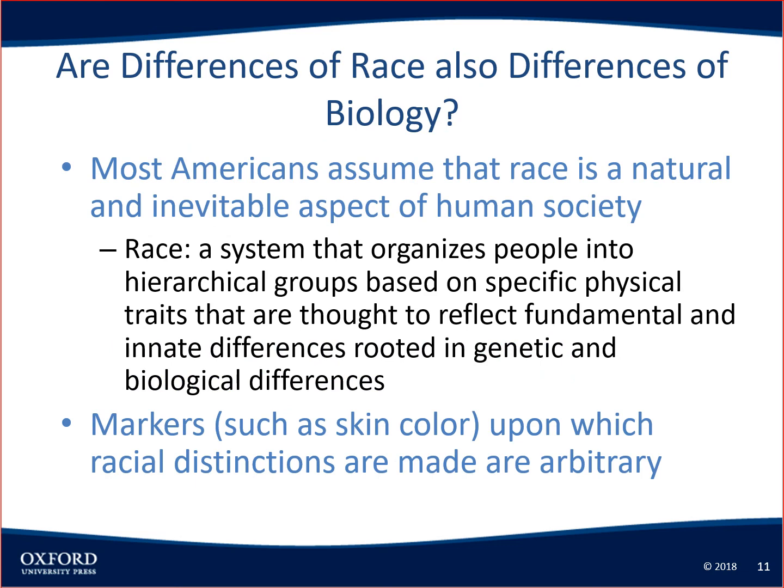Are differences of race also differences in biology? Most Americans assume that race is a natural and inevitable aspect of human society. However, race is a system that organizes people into hierarchical groups based on specific physical traits that are thought to reflect fundamental and innate differences rooted in genetic and biological differences.